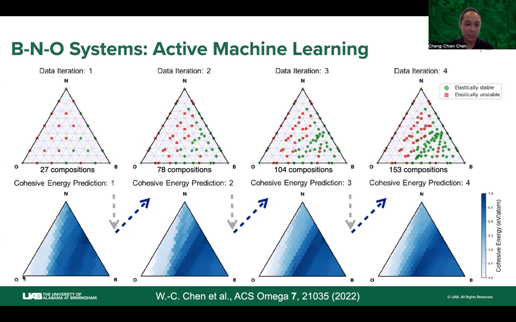Based on these machine learning results, we can focus on regions that are potentially more stable and perform additional first principles evolutionary searches. From these results, we then train the second iteration of machine learning models, and we keep iterating this process. Already at the fourth iteration, we see the results have converged.